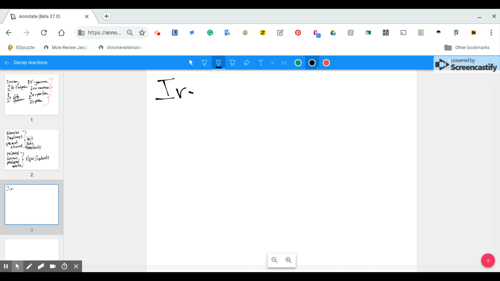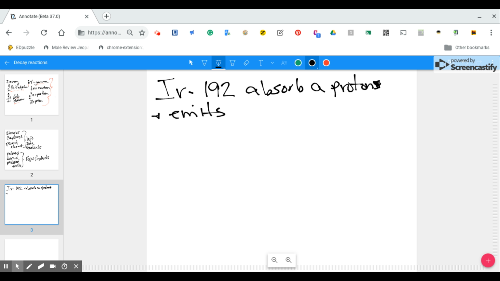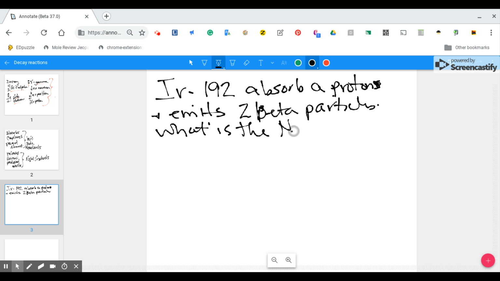Iridium 192 absorbs a proton and emits 2 beta particles. What is the new element?